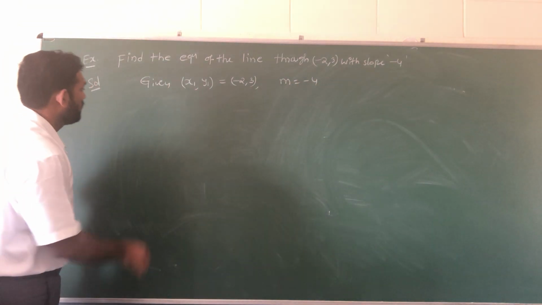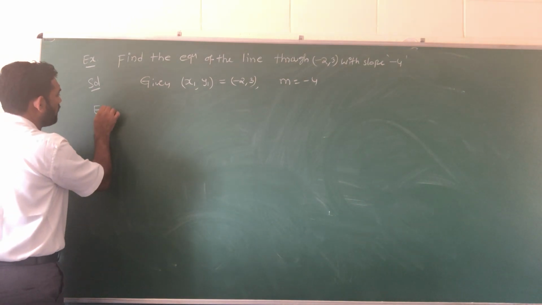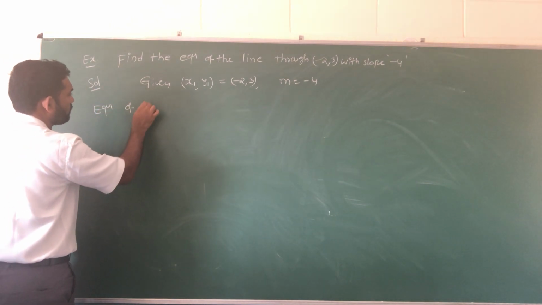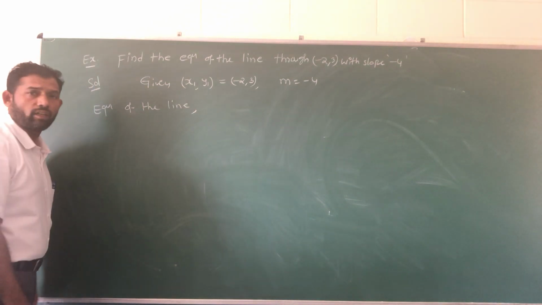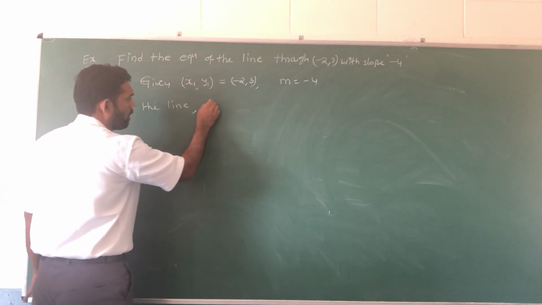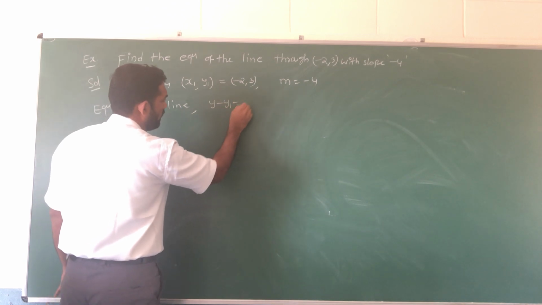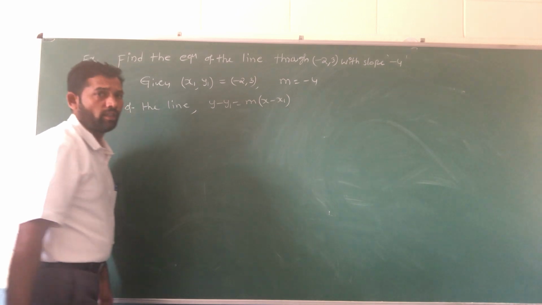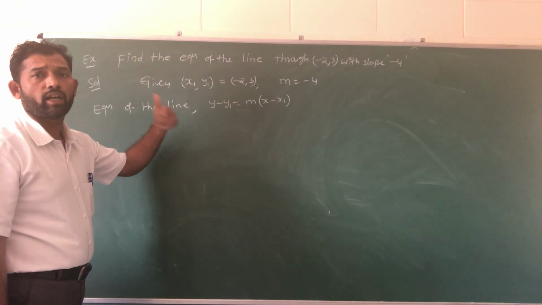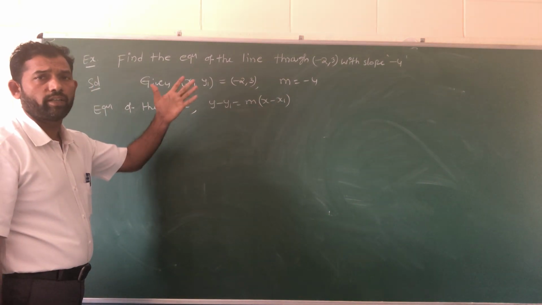Then you write the equation of the line. What is the formula? y minus y1 equals m into x minus x1. Now you substitute the x1, y1 and m values, then you write the equation.